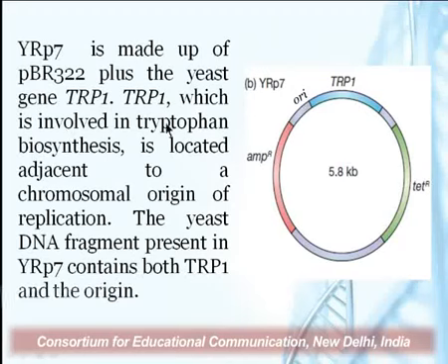As you can see, again the basic framework of this particular plasmid is pBR322 only. So pBR322, but it does contain a yeast fragment containing a particular gene and with the origin of replication. The DNA fragment present has this particular gene which can be used for the selection, or other genes, antibiotic resistance genes, can be used for selection, but they also contain the origin of replication for replicating inside the yeast host cell.